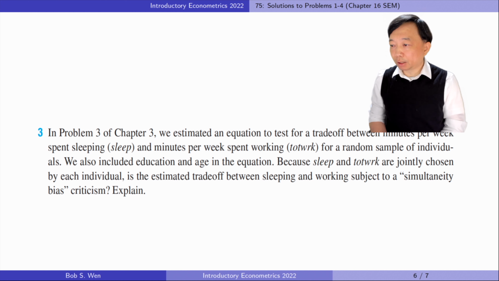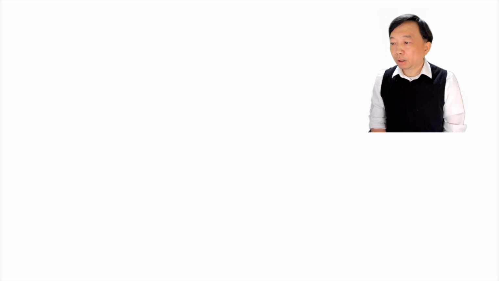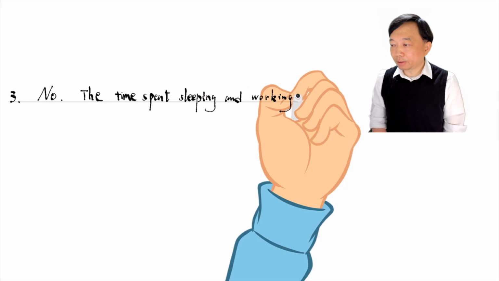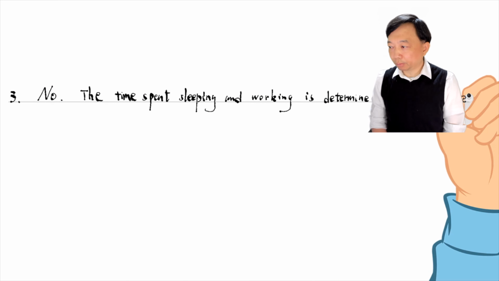We also included education and age in the equation because each individual jointly chooses sleep and work. Is the estimated trade-off between sleeping and working subject to a simultaneity bias criticism? Explain. No, the time spent sleeping and working is determined by the same individual.